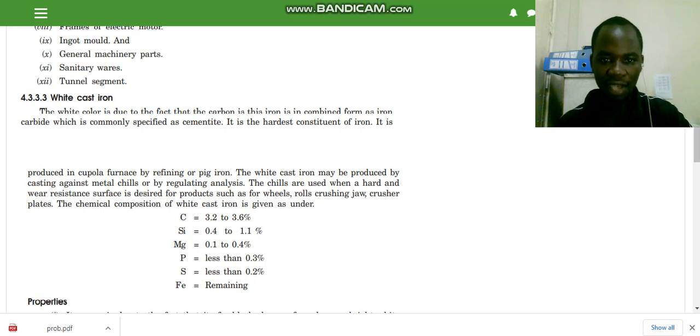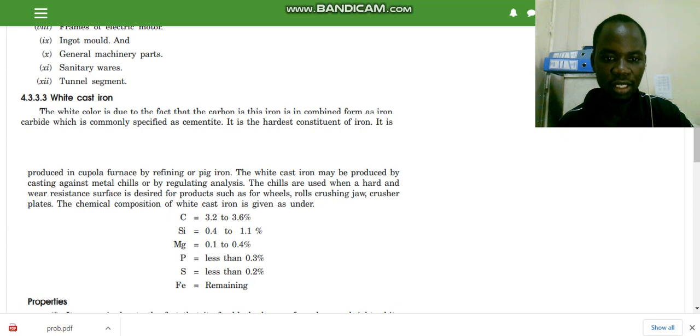It is hardest because of the constituents of the iron and the carbide element in it. It is produced in a cupola furnace by refining pig iron. The white cast iron may be produced by casting against metal chills or by regulating analysis.